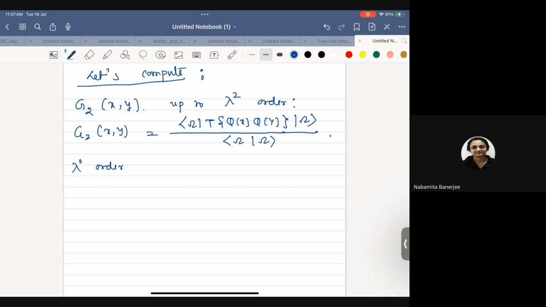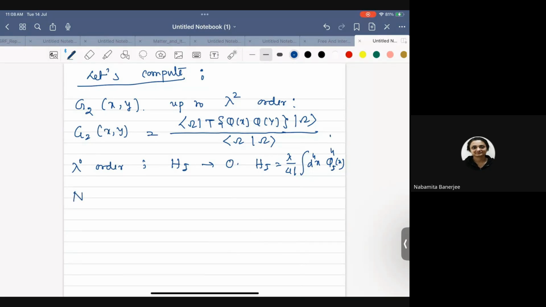Now I'll first compute it to the order lambda to the 0. Lambda to the 0 means H_I is simply 0, right? Because you remember, H_I is lambda by 4 factorial, integral d^4x phi_I to the power 4 of x. So if I take lambda to the 0, then there is no H_I.